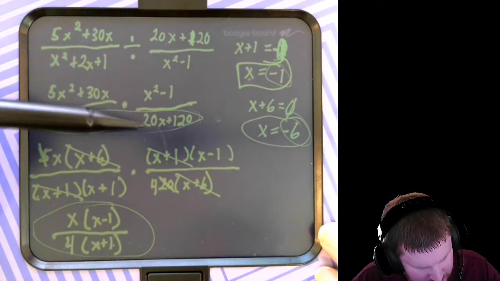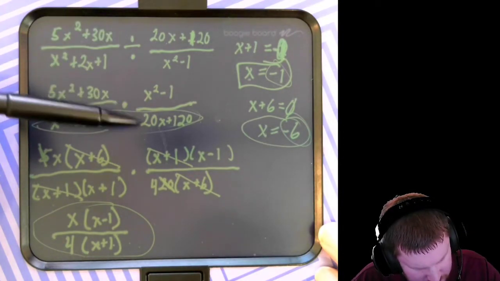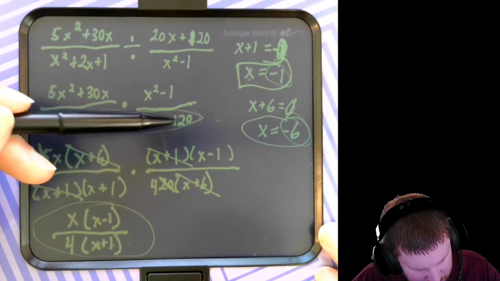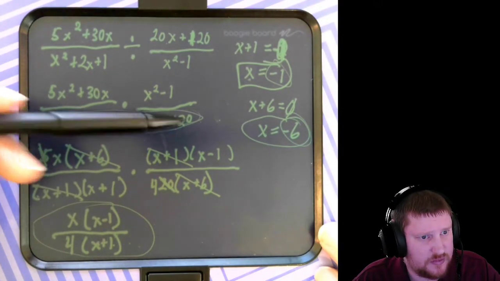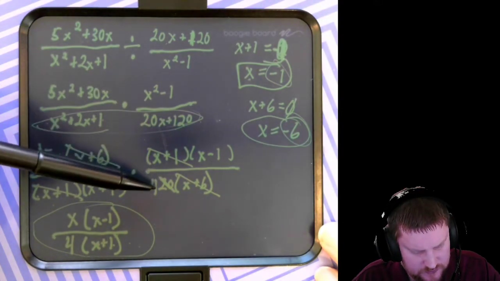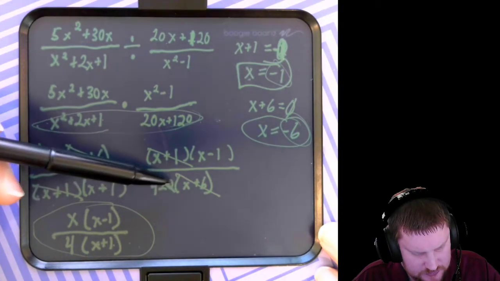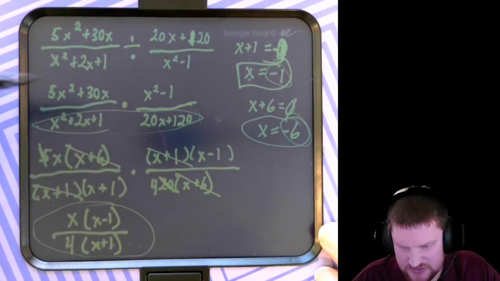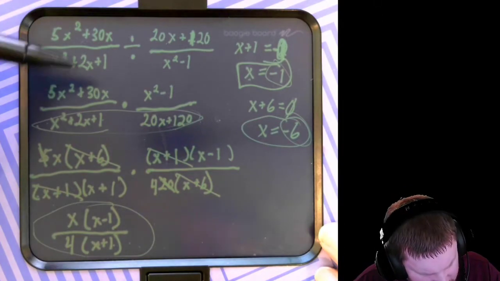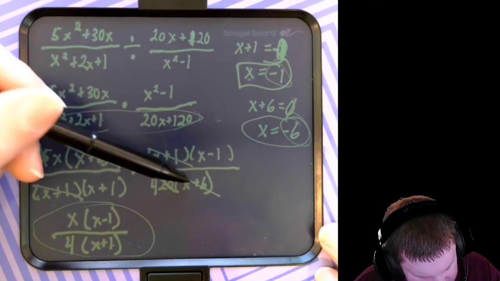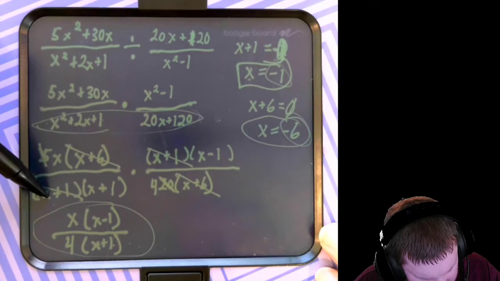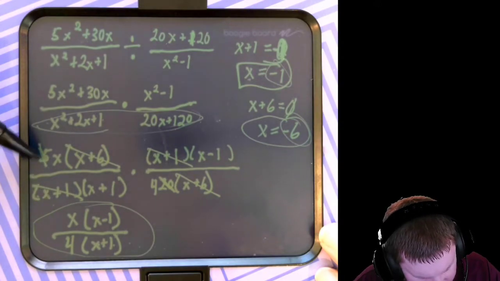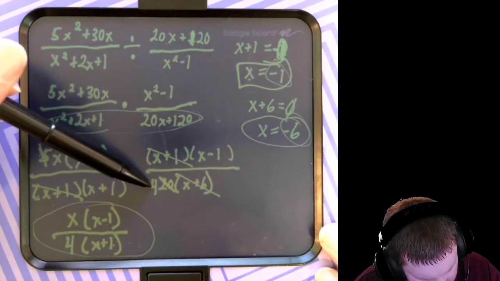Yeah. And 20x plus 120 becomes 20 times x plus 6. There aren't any mistakes here. x plus 6 cancels with x plus 6, x plus 1 cancels with x plus 1. 20 divided by 5 is 4.